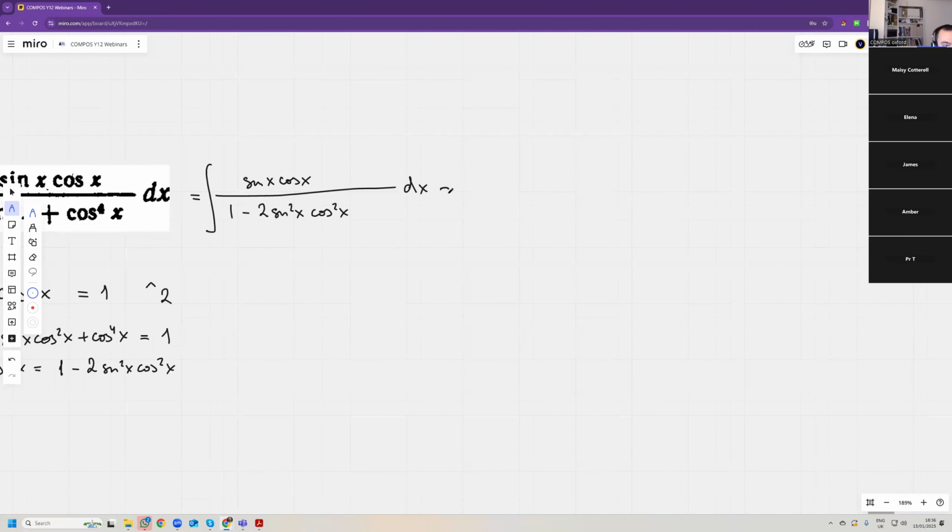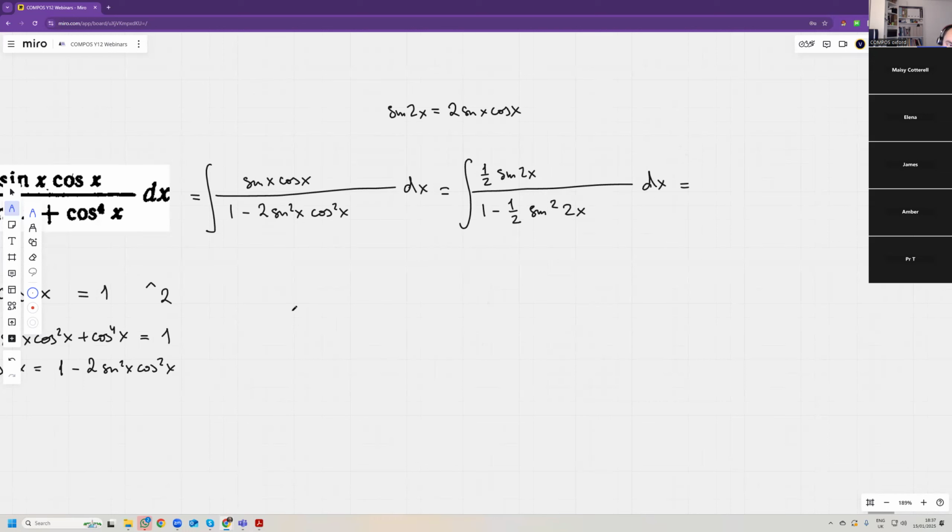Now I can use the double angle formula. I will say that sine 2x is equal to 2 sine x cos x. And that means that this is a half integral of a half sine 2x. And here, this is going to be 1 minus a half sine squared 2x dx.